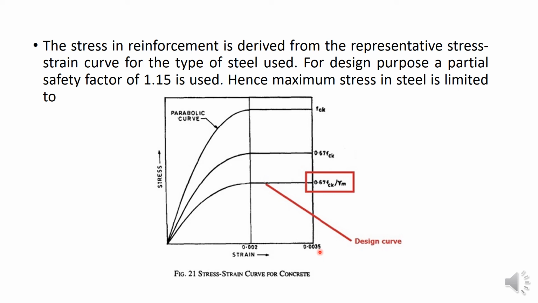For design purposes, we shall use this curve. We shall take 0.67, that means two thirds of the cube strength or characteristic strength, for our design purposes. Further, we shall consider this value, 0.67 fck divided by gamma m, the partial safety factor for material.